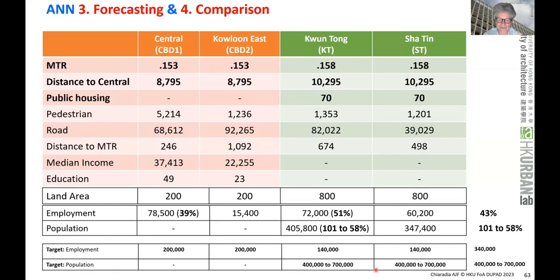And this may have quite an impact on the financial model of this project, because a CBD with 100,000 jobs is different from a CBD with 200,000 jobs. In that sense, CBD3 is more like a CBD2 than really a CBD1.